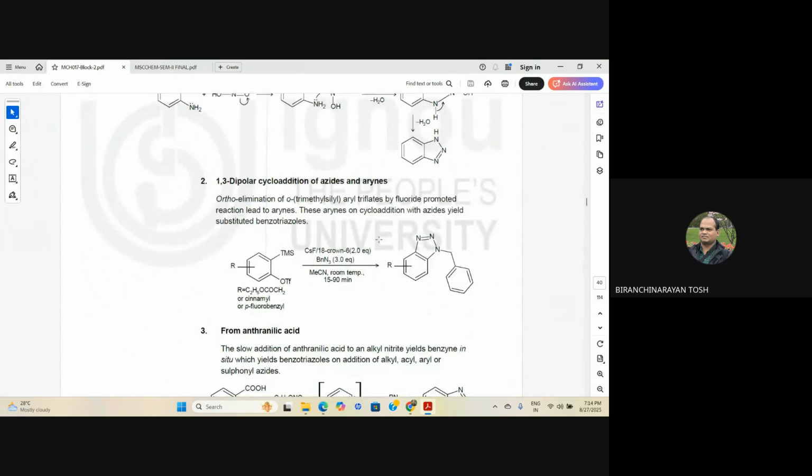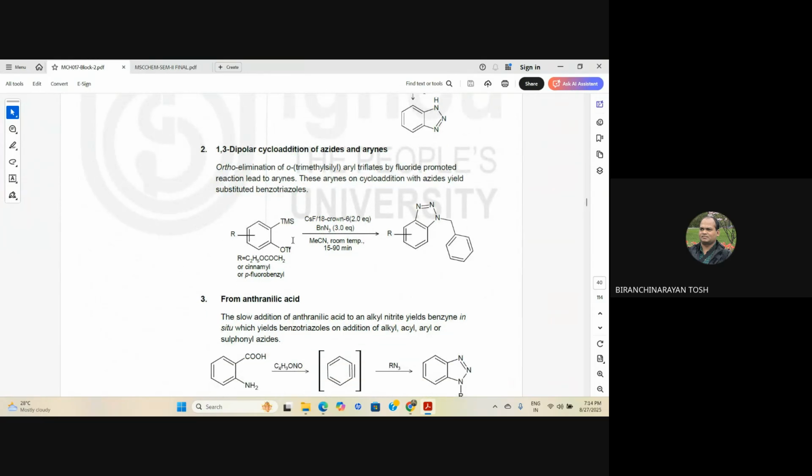Then by 1,3-dipolar cycloaddition of azide and arynes: ortho elimination of ortho-trimethylsilyl aryl triflates by fluoride-promoted reaction leads to arynes. These arynes on cycloaddition with azide yield substituted benzotriazole.